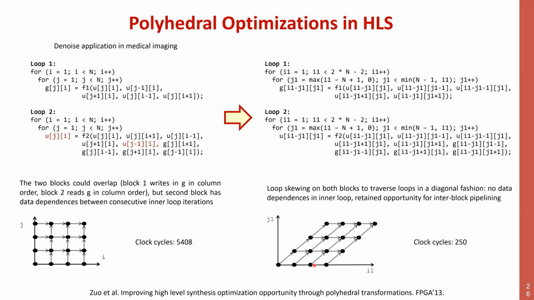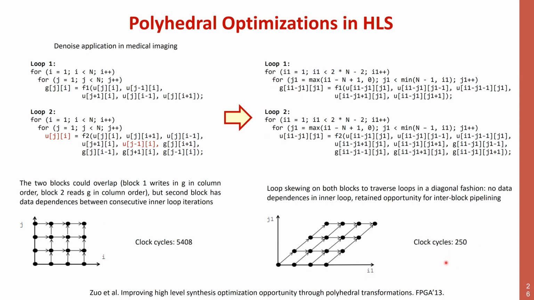Now, the dependency is between these diagonal elements, which are more far away in the computation. And since they are more far away, they will help achieve a smaller initiation interval, and therefore an overall improvement in execution.